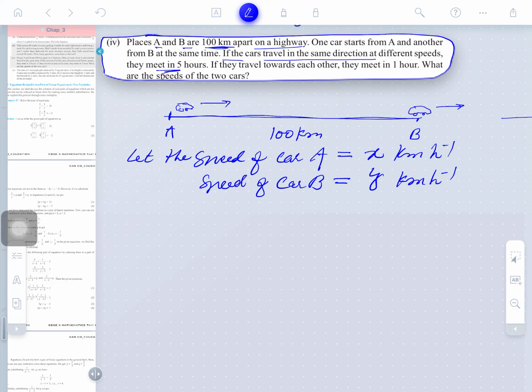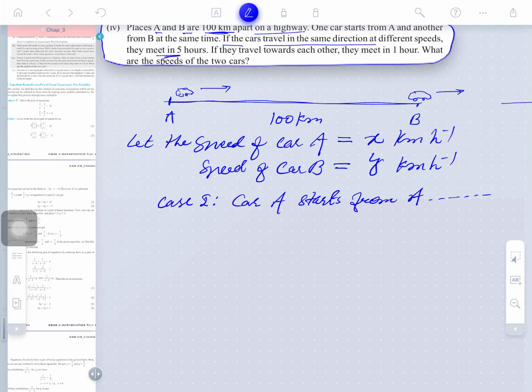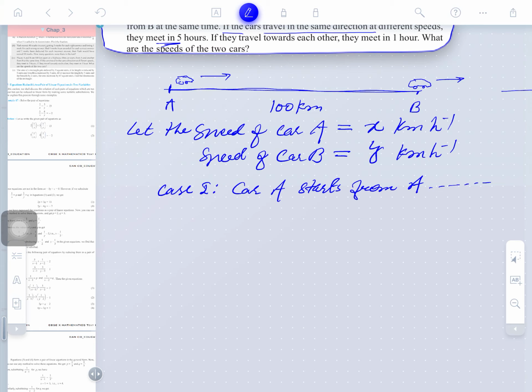Clear? So therefore what is the first case? Tell me the first case. The first case is car A starts from A. All the language, all the statements, you will not write.